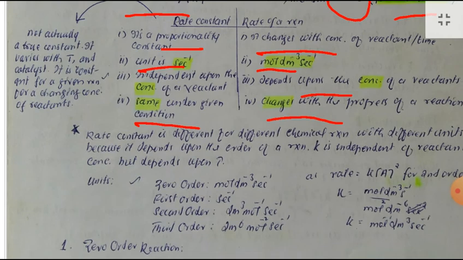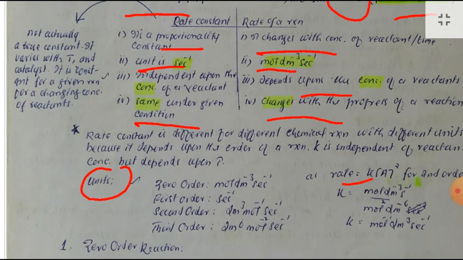Here we have given different units for the rate constant. For zero order, how can we obtain the unit for the rate constant? We can use this equation, which is the rate equation for a second order reaction.